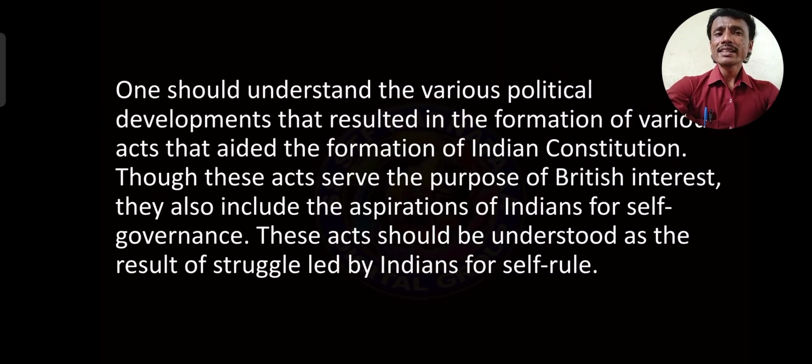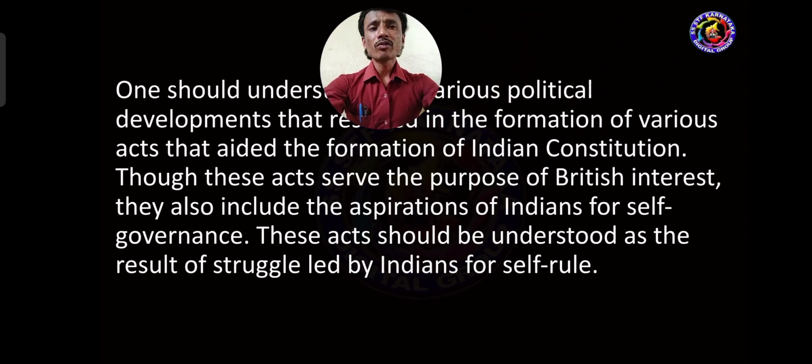Hence these acts served the purpose of British interest. They also include the aspirations of Indians, and these acts should be understood as the result of the struggle led by Indians for self-rule. So all these acts are very essential and very useful. So when Britishers were implementing such rules and regulations, got it?